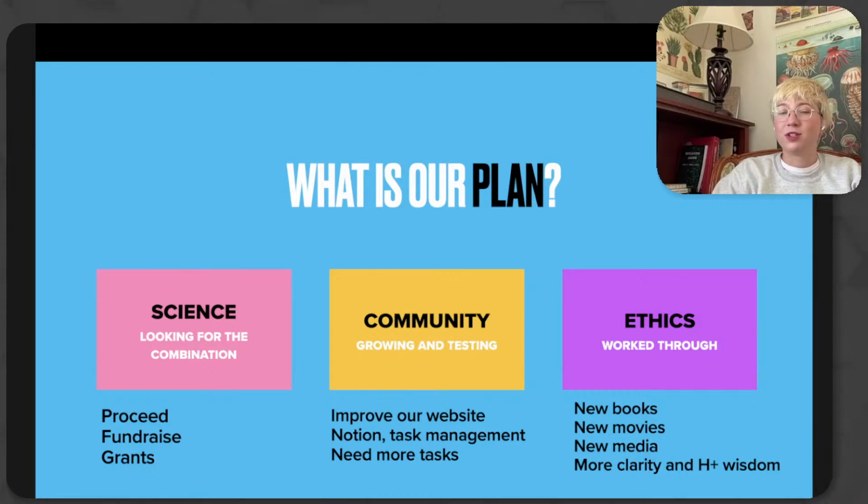So Notion and task management tools will be there. If we're talking about organizing the work, we need some more task management tools, and we need more tasks, obviously. And as for ethics, we're writing books, we are creating new movies, we're interested in new media, and we're sharpening our clarity and transhumanistic wisdom every day, writing texts about it.